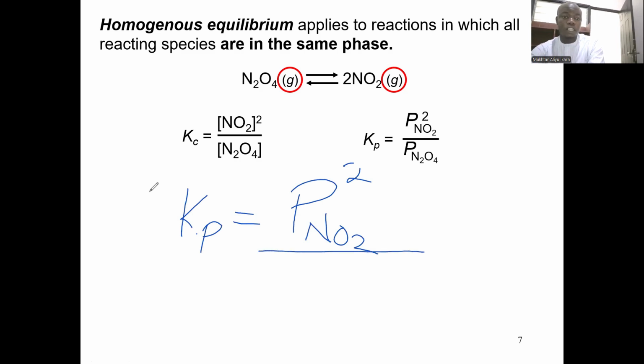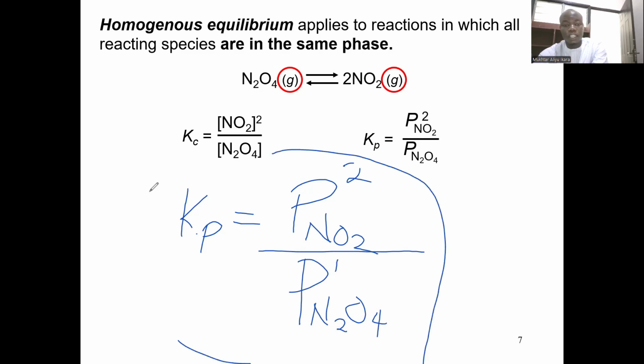And we now divide it by the partial pressure of the reactant, N2O4. And of course, because the coefficient here is 1, there is no need to even put it. So this is how to get Kp.